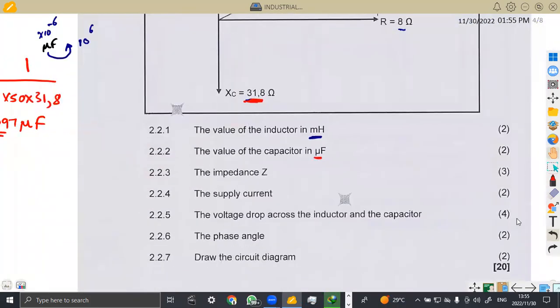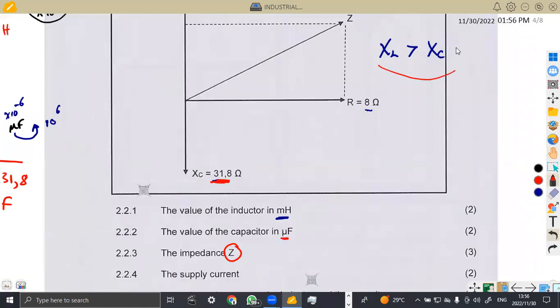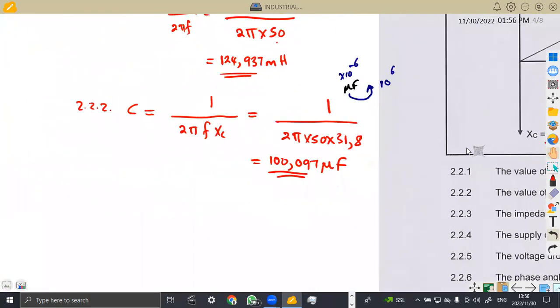2.23, the impedance Z, that is the total resistance for the circuit. Remember, here we said XL is greater than XC, which means the impedance is in favor of XL. So our formula for this impedance, as long as it is in favor of XL, is given by this formula.